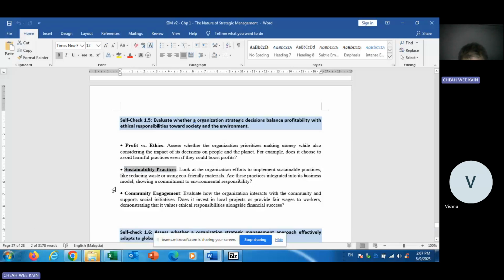Community engagement. How do you support social initiative? We want to know, does the company do it nicely? Do they engage? Okay, a good example is, for example, unemployed youths or unemployed undergraduates.